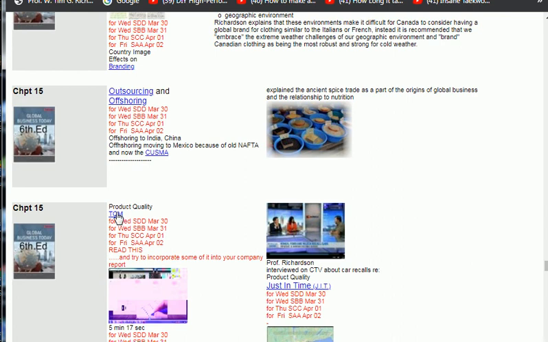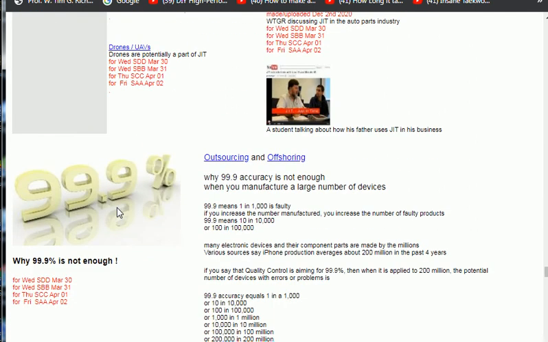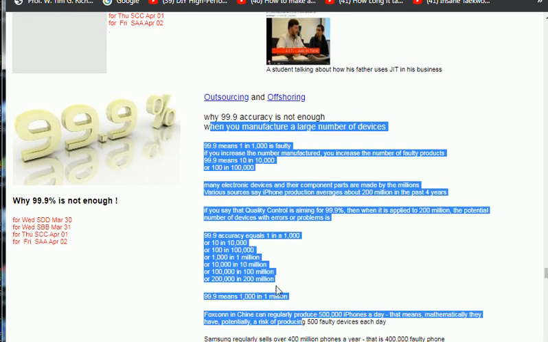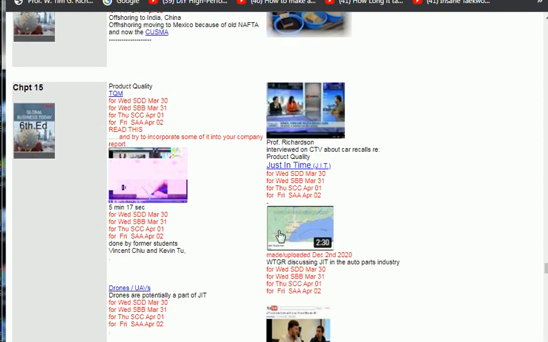The things the company does in order to be able to produce a higher level of quality, which goes with this explanation here of why 99.9% is not accurate enough. And this little explanation is a good thing for you to read. And just in time also minimizes the cost of companies paying for things to sit in the warehouse in advance, and also helps them be more effective when they're producing a vehicle to minimize parts that are installed improperly.